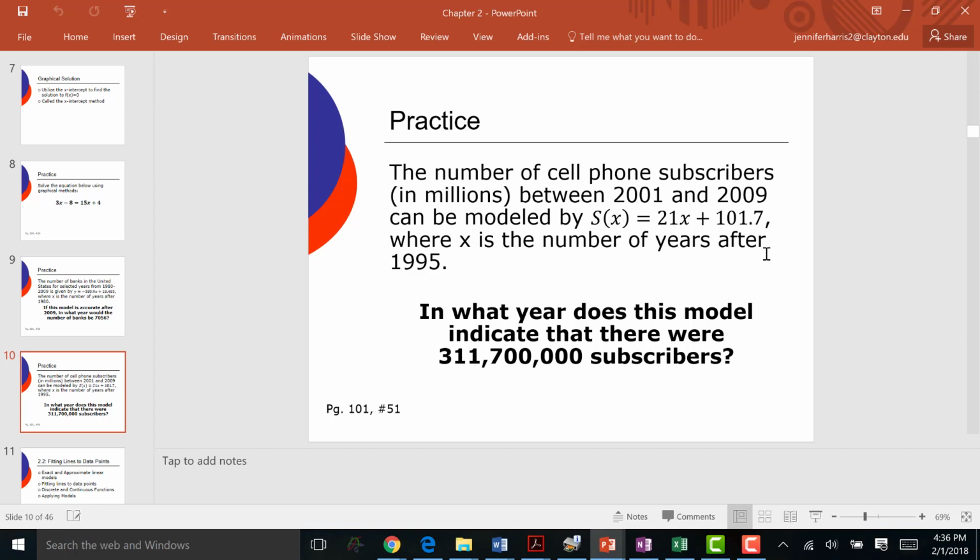Did they give us an actual equation for that S of X? Yes, so that Y, which is S of X, is equal to 21X plus 101.7. In the last question, were you given something else? A number. What is that number? They gave you how many subscribers?